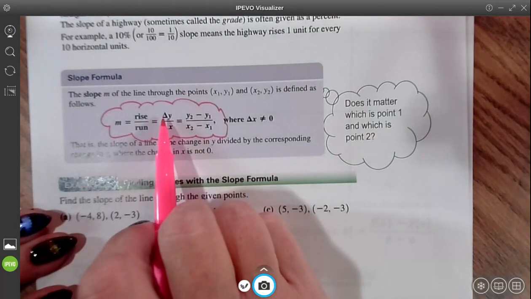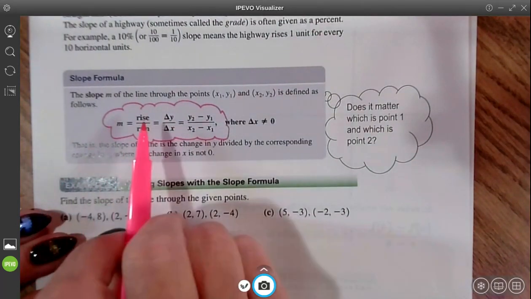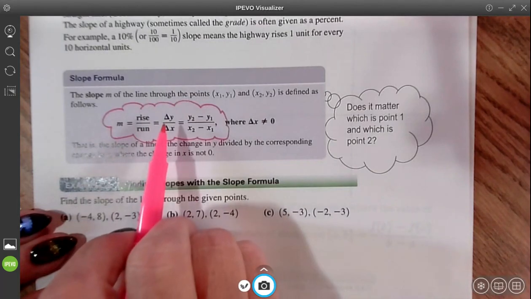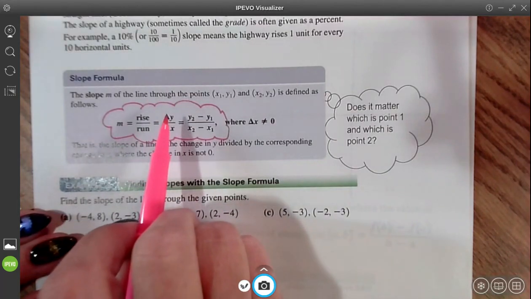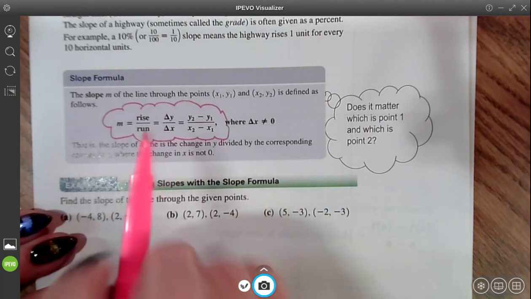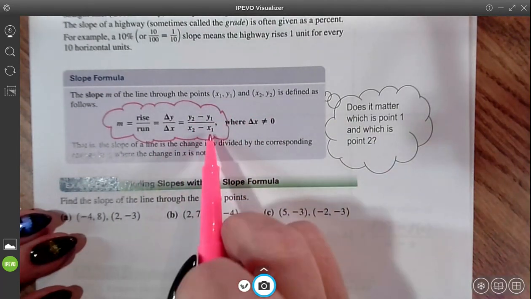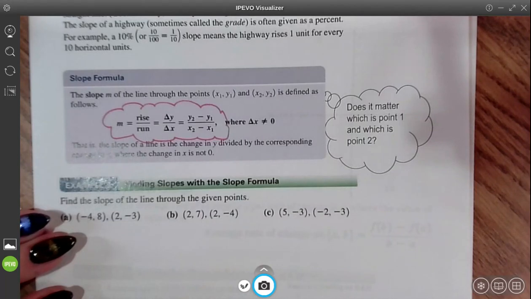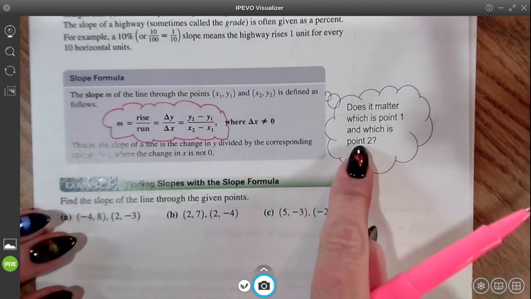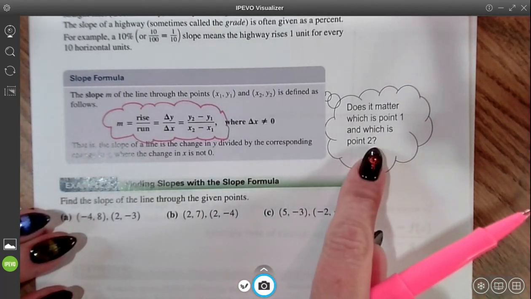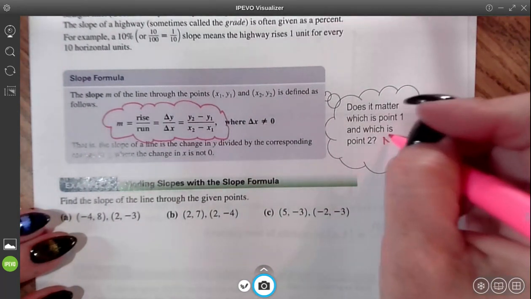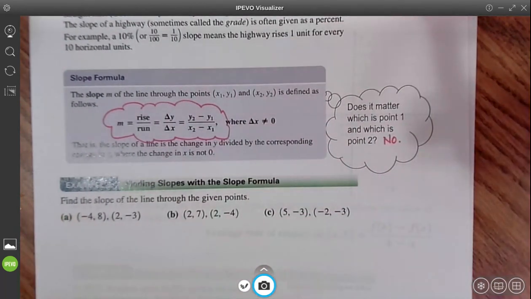This little triangle symbol means delta, and what it means is the change in y. So it's the change in y over the change in x. So we're going to subtract our y's in the numerator, subtract our x's in the denominator. And it really does not matter which is point 1 and which is point 2. I can subtract my points in either order as long as I am consistent.